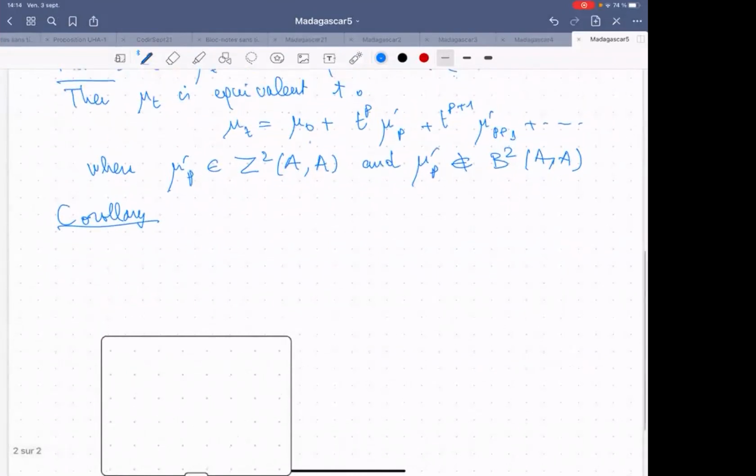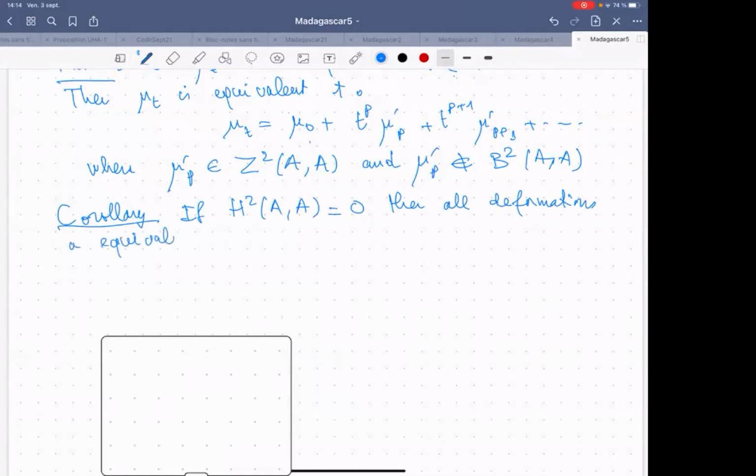Then what happens if H2 is 0, which means when Z2 equals B2, if the second cohomology group of the algebra is trivial, then all deformations are equivalent to a trivial deformation.